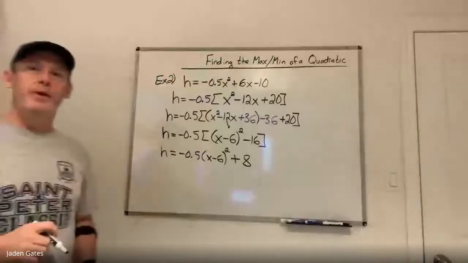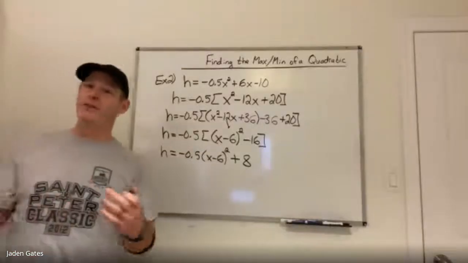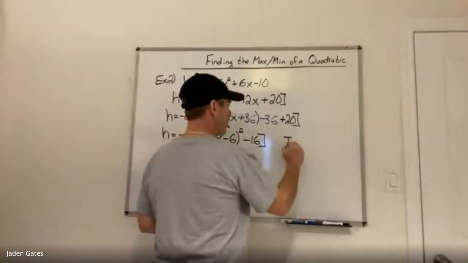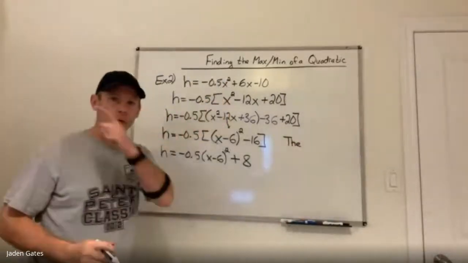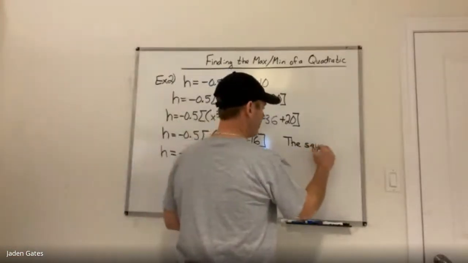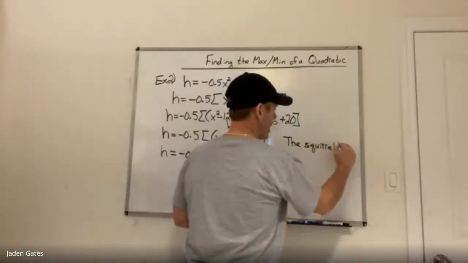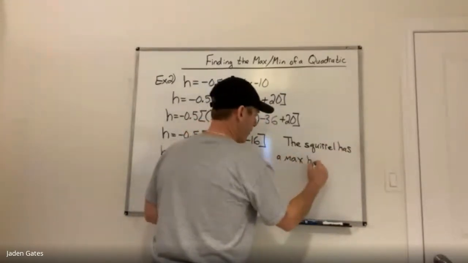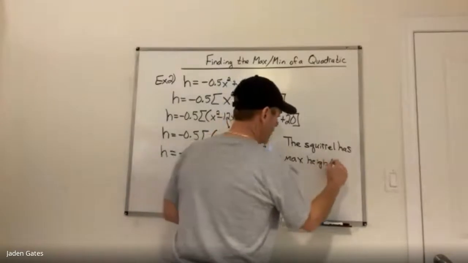And now, because I've completed the square, I can answer the question as long as I know what I'm looking for, right? So because this is a word problem, again, you always have to write therefore statements for word problems. All right, so the squirrel has a max height of, now is that even right?